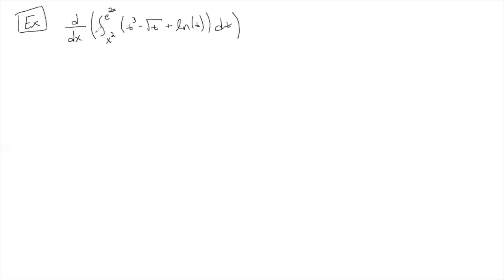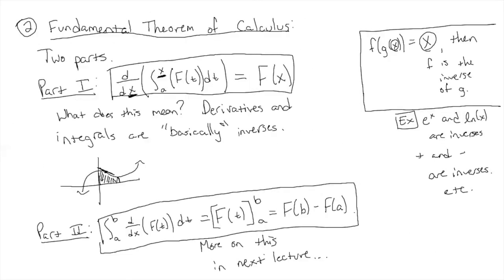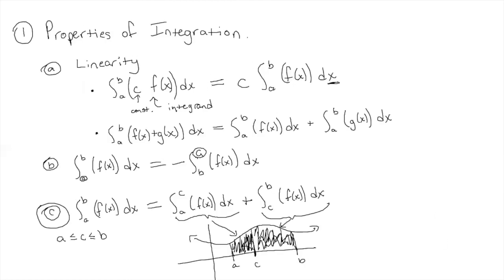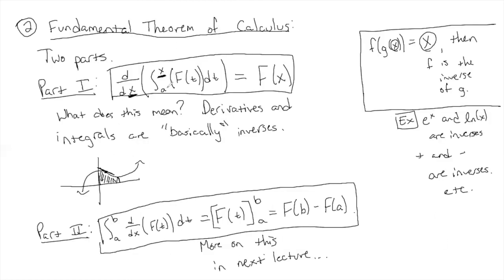All right, so now this problem looks like a derivative of an integral. So that means it should be a problem which involves the fundamental theorem. But it's not quite in the right form again, right? I have a function of x up on top, but I also have a function of x down on bottom. And remember that the statement of these dealt with only a constant being on the bottom, right?